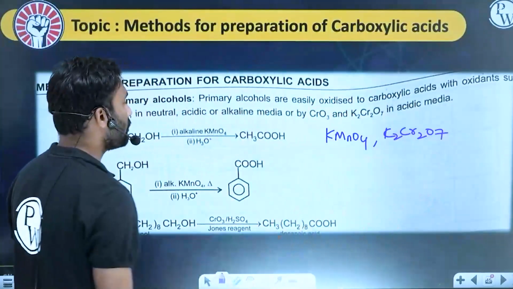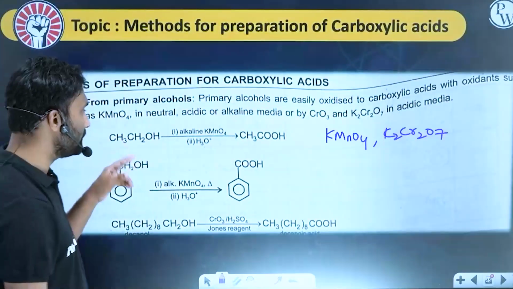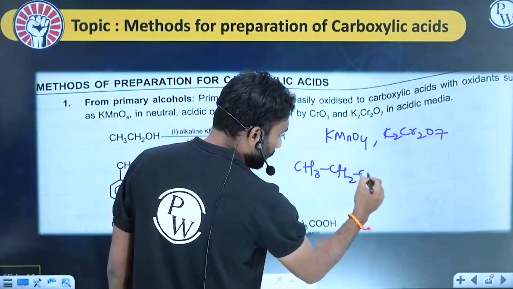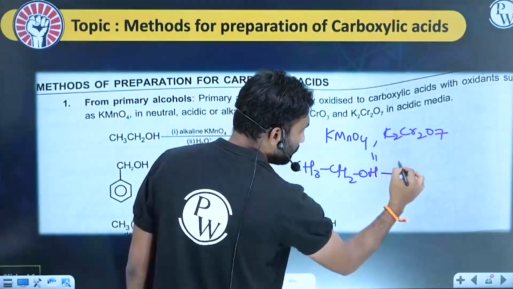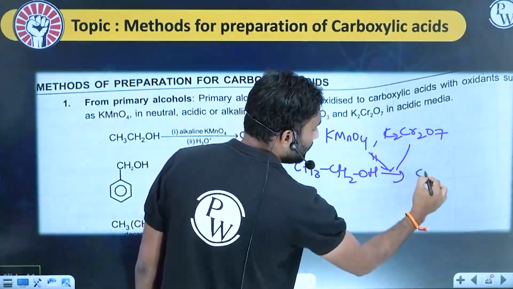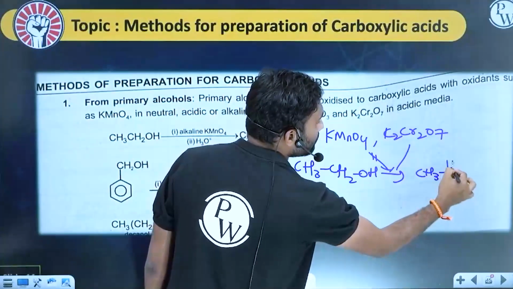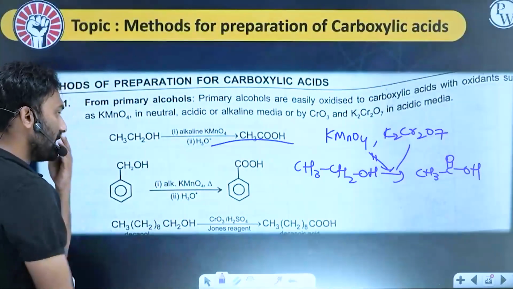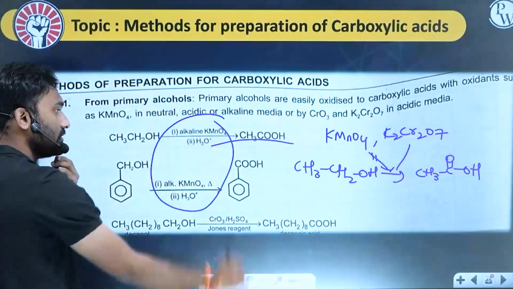These are the strong oxidizing agents. Primary alcohols will be converted into carboxylic acid due to the presence of a strong oxidizing agent.